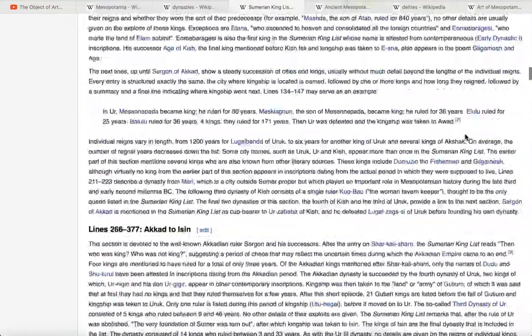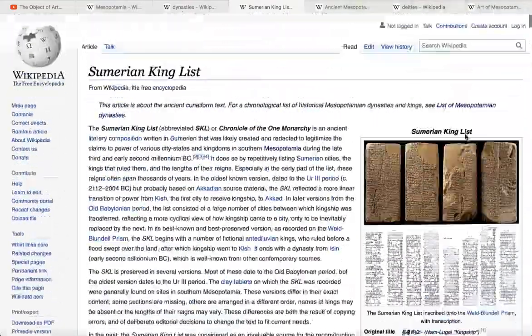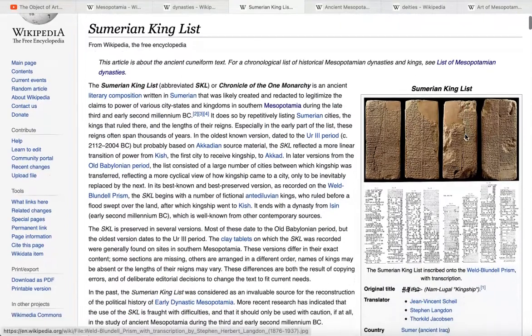And how does it relate to other things that are written, not chronicles, but accounts and analyses and research into what was going on in the ancient world? It's really fascinating.